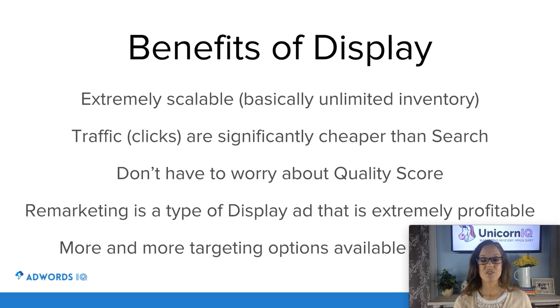And then finally, there's more and more targeting options coming out all the time. In this module, I'm going to talk to you about some of the newest features and options that Google has been rolling out. And it's becoming more and more competitive with Facebook ads and platforms like that that offer those really granular types of targeting options.